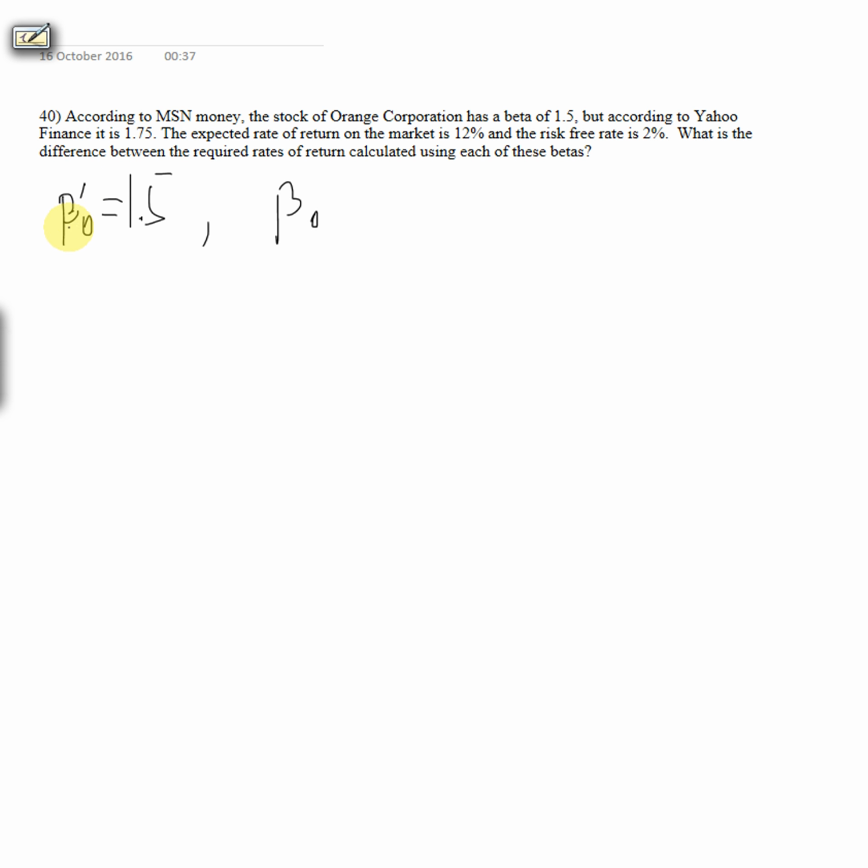One is beta 1 Orange, beta 2 Orange. These are not squared. This is according to MSN, this is according to Yahoo. This is simply possible because Yahoo and MSN may use different sample periods, so that variation is possible.